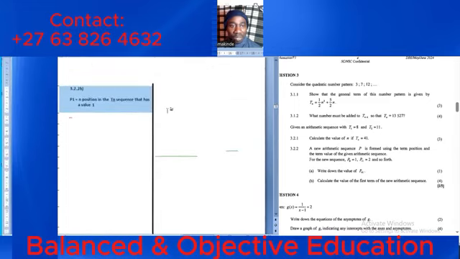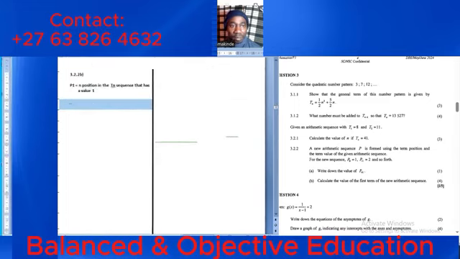So that is what I'll be doing here now. So we know that Tn equals 3n plus 5.